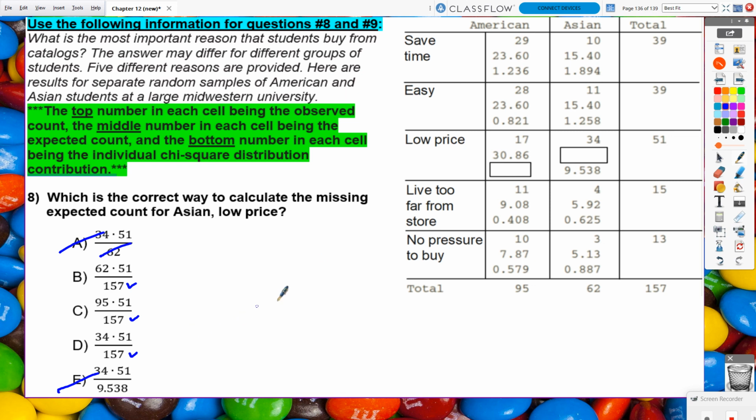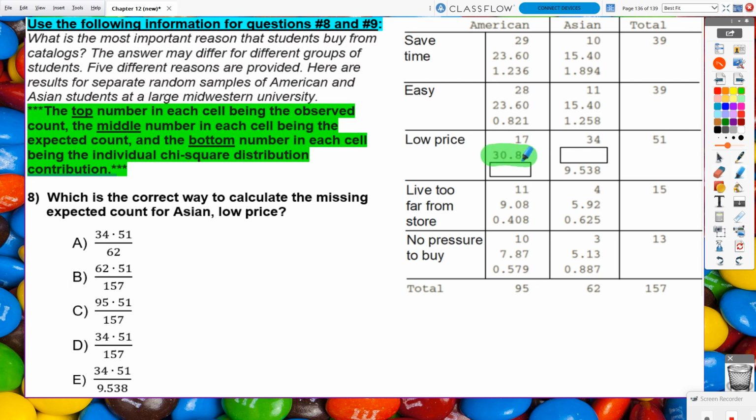So now row total is 51, column total is 62. So I need 51 times 62 or 62 times 51. The order doesn't matter here. And that matches up exactly to answer choice B. Now, notice it wasn't looking for what that number specifically was because we could easily do that a different way.